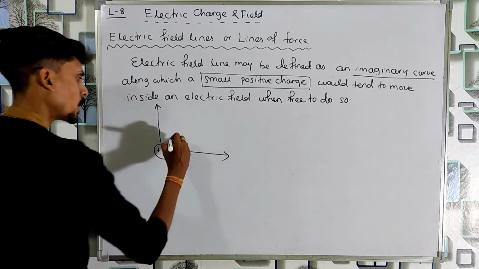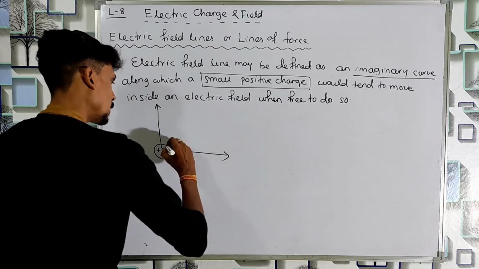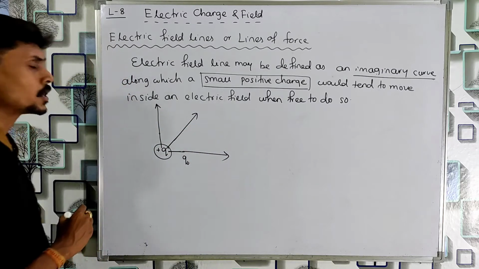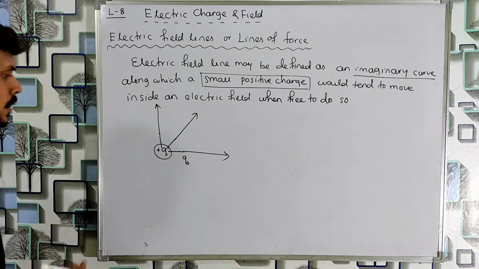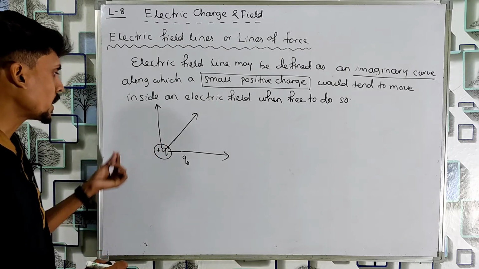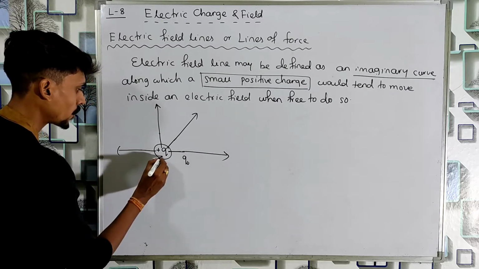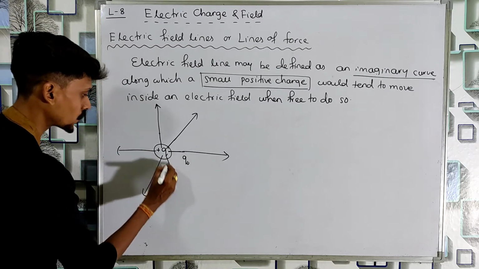Similarly, if you place the test charge here, the force will be along this direction. Similarly, by placing the test charge at different points, you can draw the electric field lines in different directions.